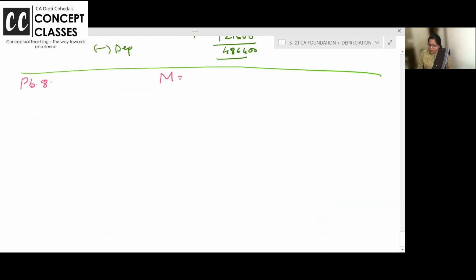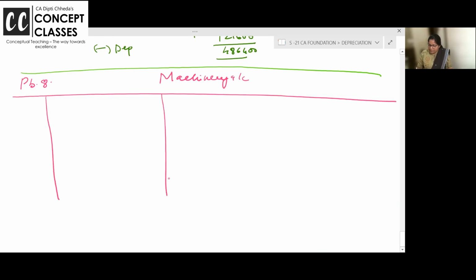Machinery account you have to prepare. Date, particulars, amount. Date, particulars, amount. And you are preparing it for which year? 2021.